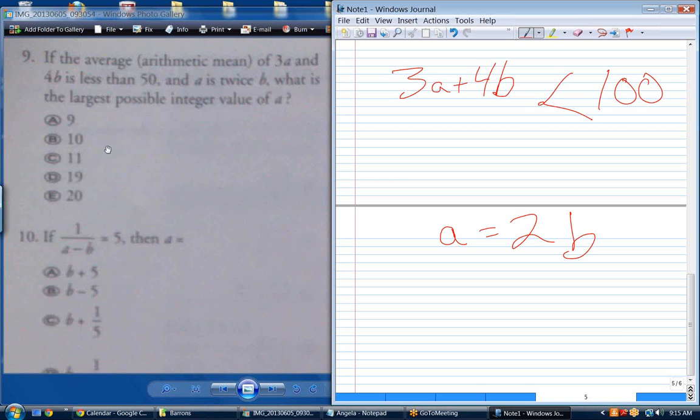So here's a case where when we're back solving and they're asking for the largest possible, we're going to start with the largest, because if that works, we're done. If it doesn't, then we'll have to do 19, and then 11, and then 10. We may have to try all 5 of them, but the math is not that hard here. So could a be equal to 20?